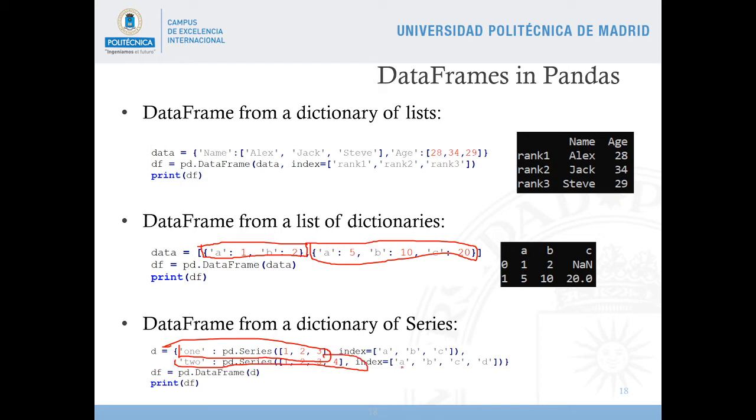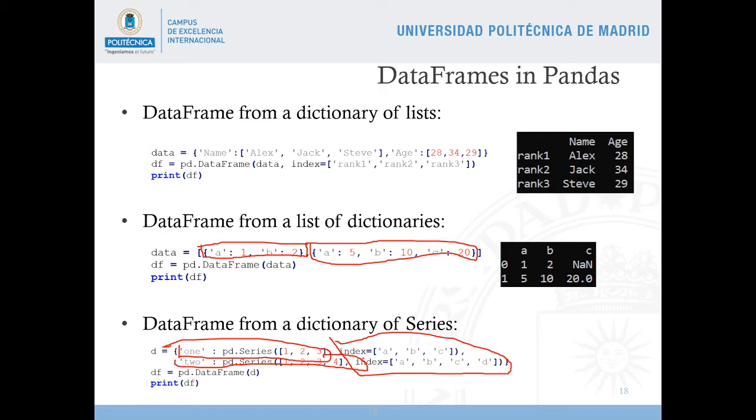You can notice that both series do not have the same number of elements, but you can do it if you say to which index each element belongs. If you don't say it, it will give you an error.